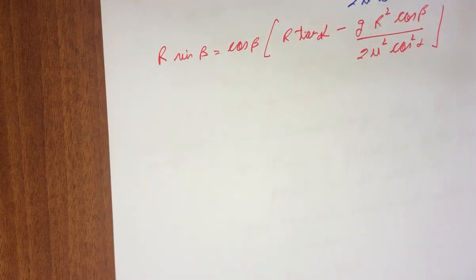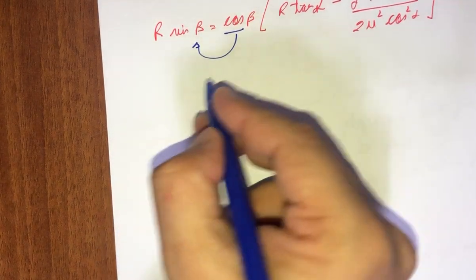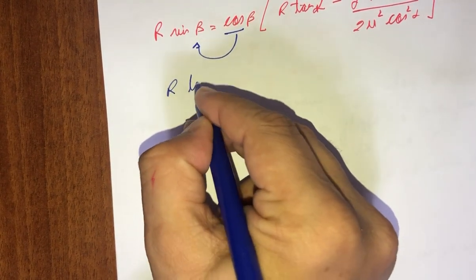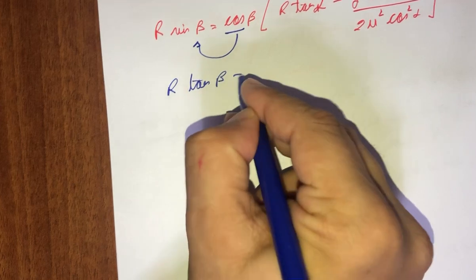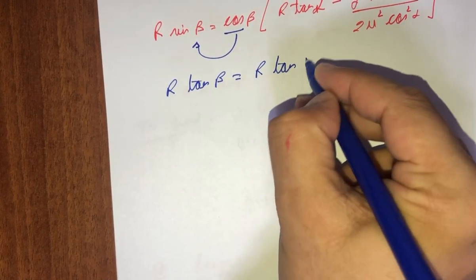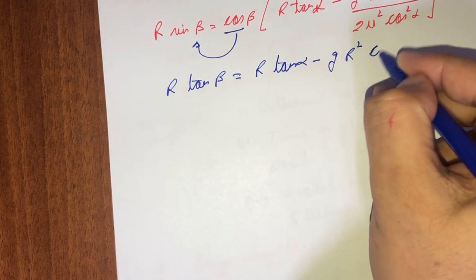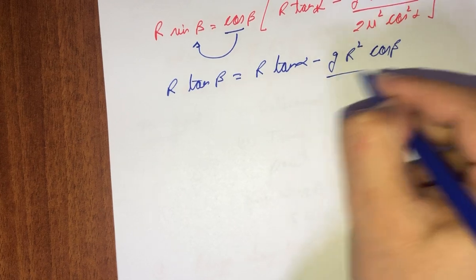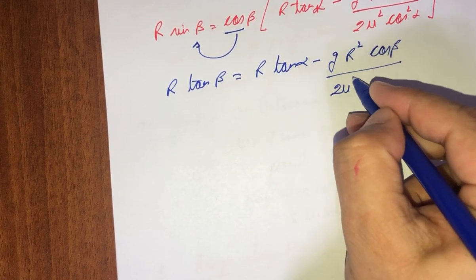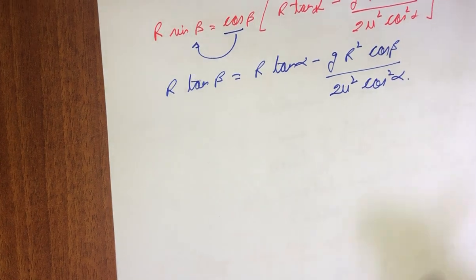Now, dividing this side by cos beta, we get r tangent beta equals r tan alpha minus g r square cos beta divided by 2u square cos square alpha.